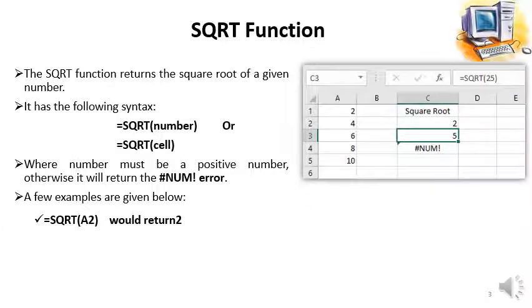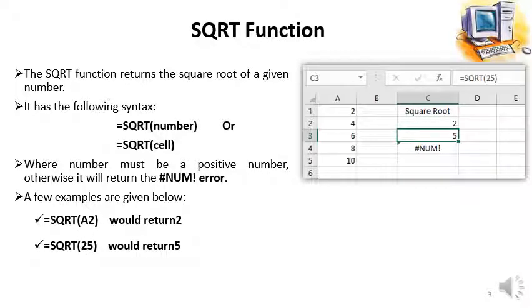SQRT A2, the last example that we have studied, as shown here in this image. In A2 we have the value 4, so if you want to find out the square root of A2 which contains the value 4, this would return the value 2, and we can see the value here in this image in front of the A2 cell.